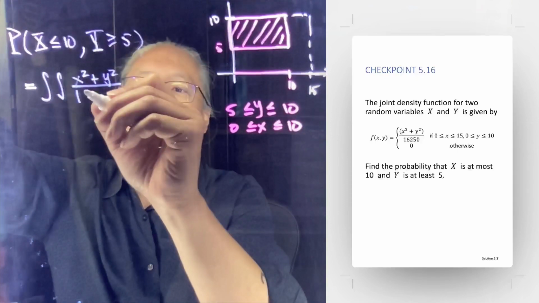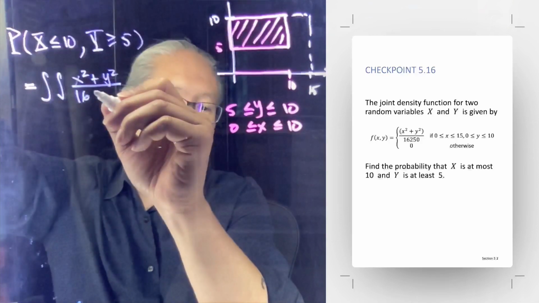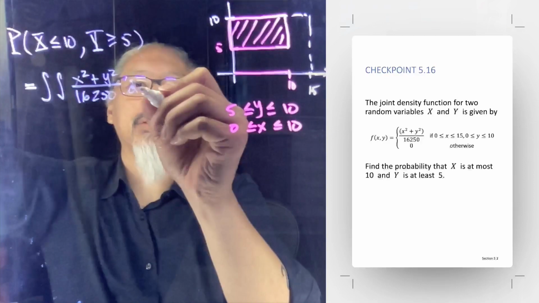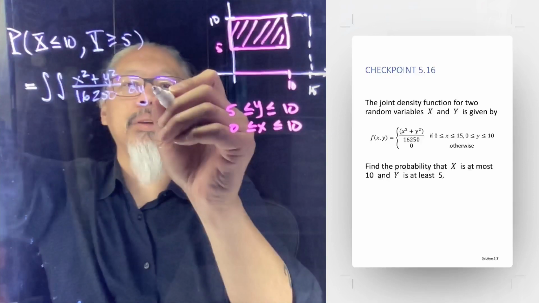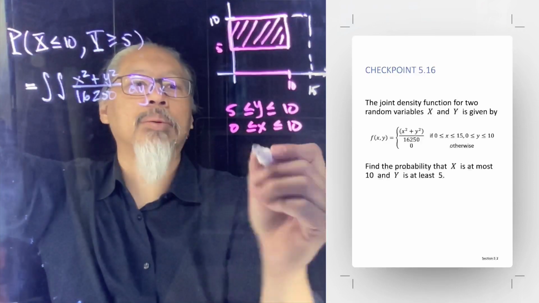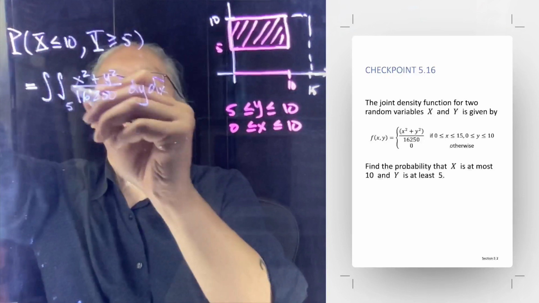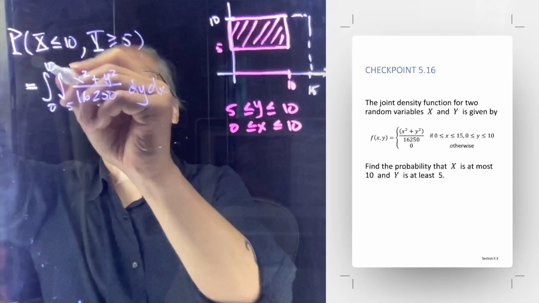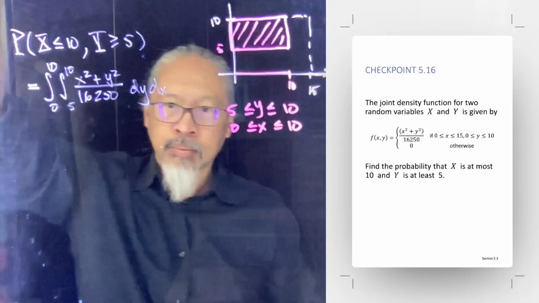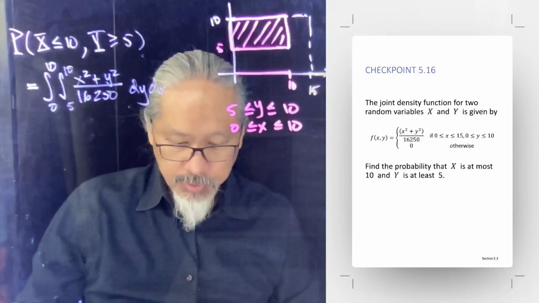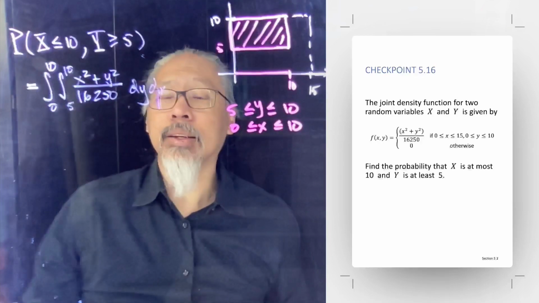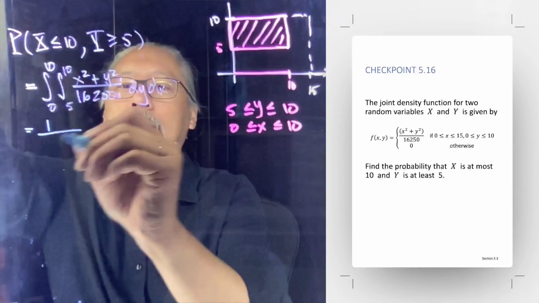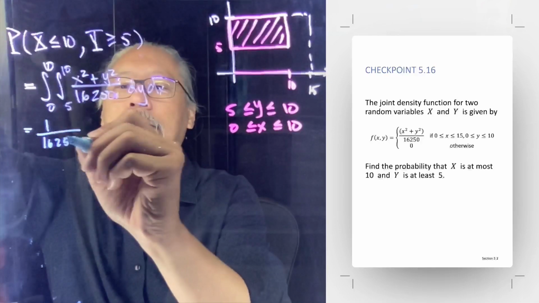So it's x squared plus y squared over 16,250. Since we have our y up there first, let's do dy and then dx. So y goes from 5 to 10 and x goes from 0 to 10. All right, we've got that constant, we'll take it out, so it's 1 over 16,250.